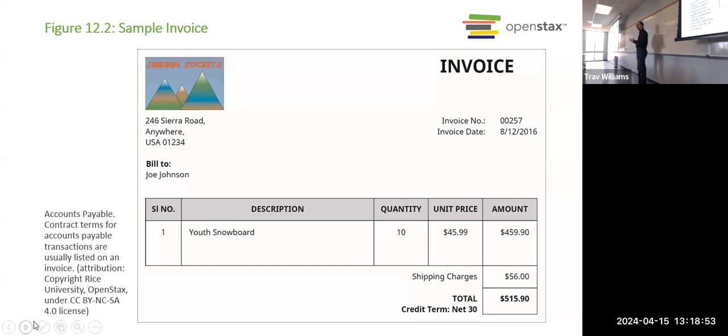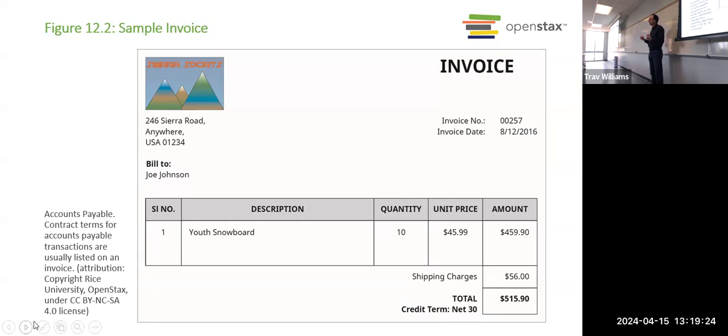So when you get that invoice, you can record it into your accounting system. And once you pay it, that would get recorded as well. And so you've got a record, they've got a record, everybody knows what transpired. Because while it might seem that one transaction is not that hard to remember, when a company is dealing with transactions every day, you're not going to remember the details, right?